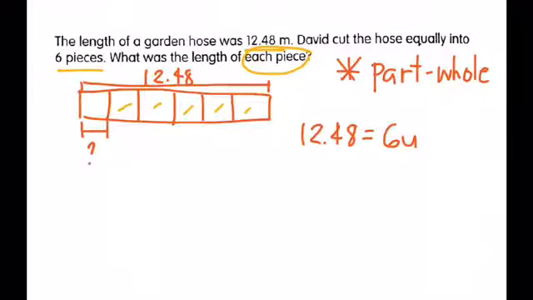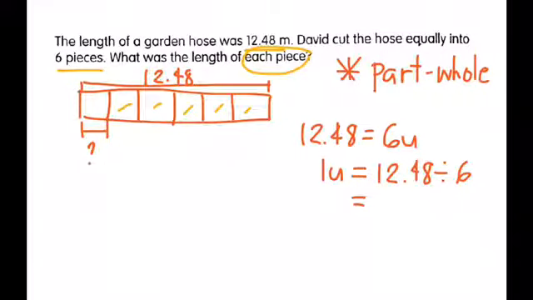What do we need to find out in the given problem? We need to know the length of 1 unit. So what do we do? Try to think on your own. In order for us to get 1 unit, we would be dividing 12.48 into 6 parts.